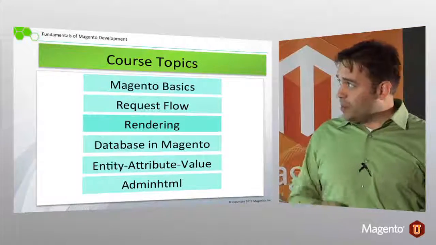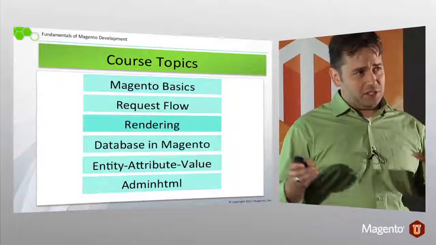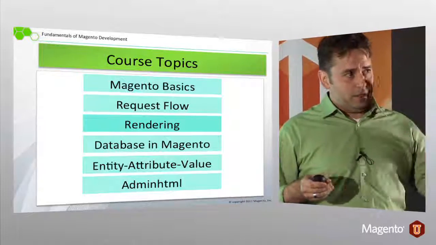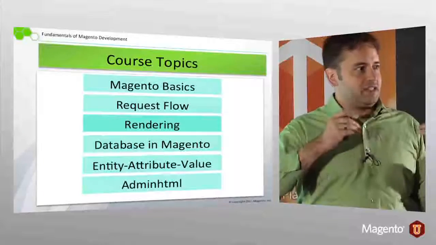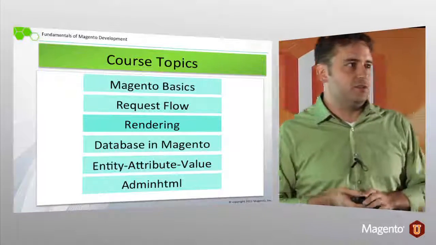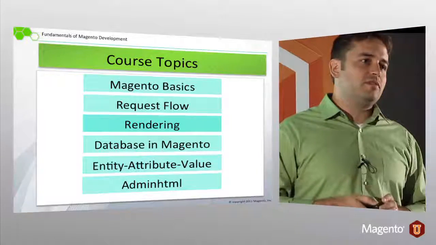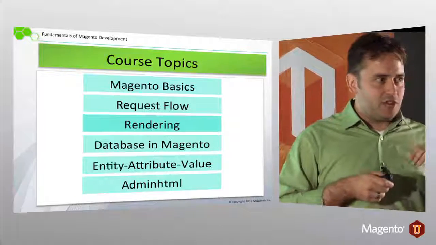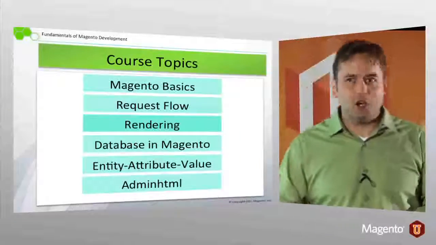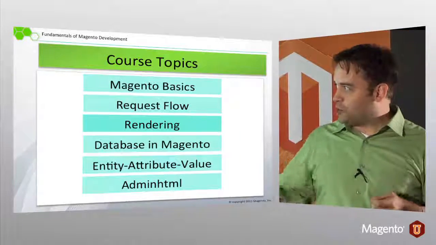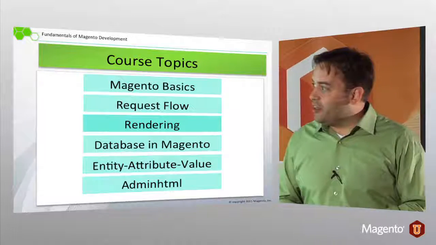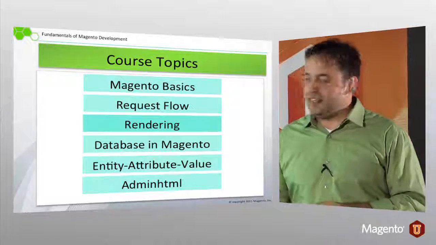And we move on to the request flow, so basically how Magento receives a request and gets it into the hands of the correct module and gets the output generated like you would hope it would be, which is the rendering. And then the big ones are database and EAV.